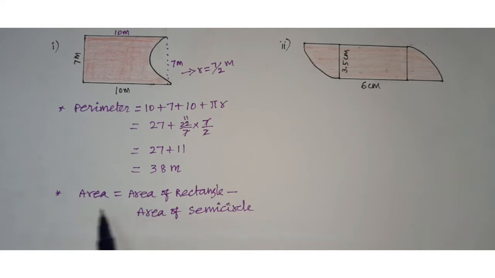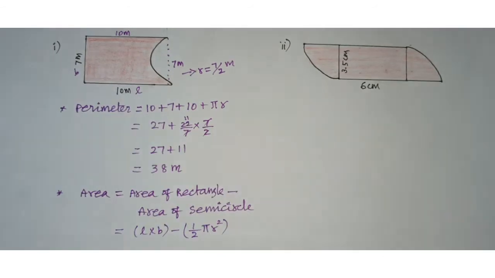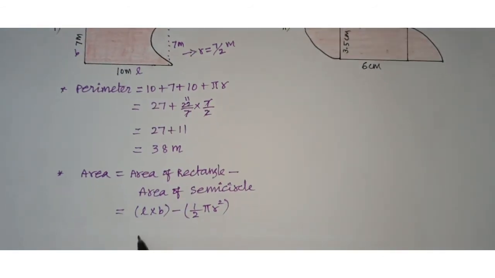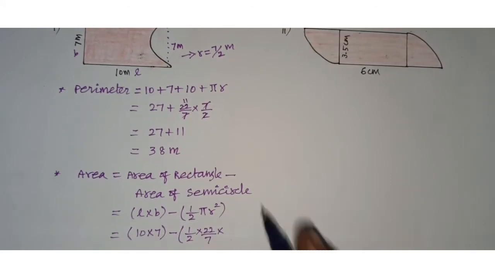Therefore the required area is the area of the total rectangle minus the area of the semicircle. Area of the rectangle formula we know very well, L into B, minus semicircle also we know very well, 1 by 2 pi r square. Now in this diagram L is 10 meter and breadth is 7 meter. It's very clear, no? So substitute here: 10 into 7 minus 1 by 2 into pi value 22 by 7. Here in this diagram r, as I already said, is 7 by 2.